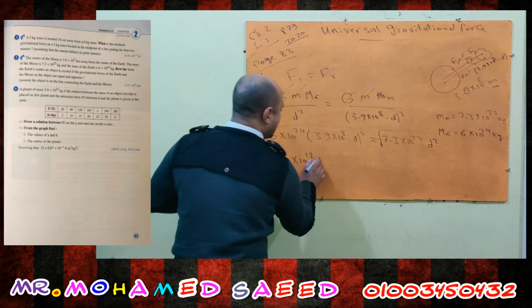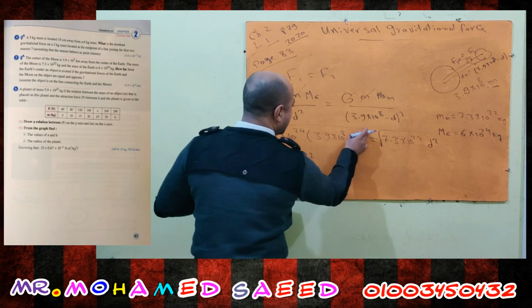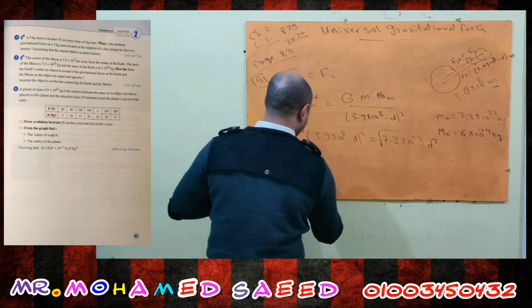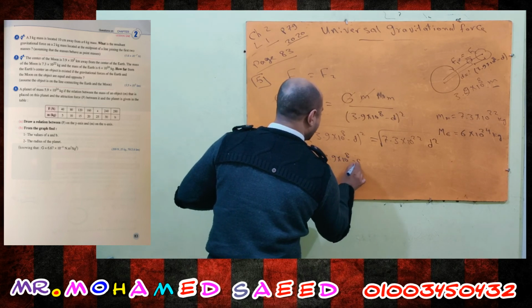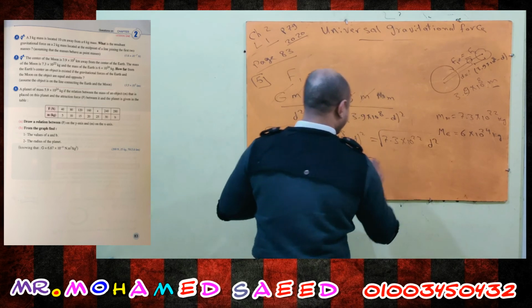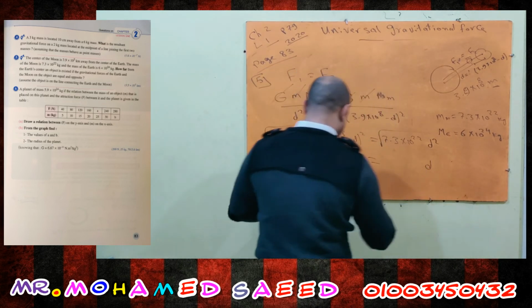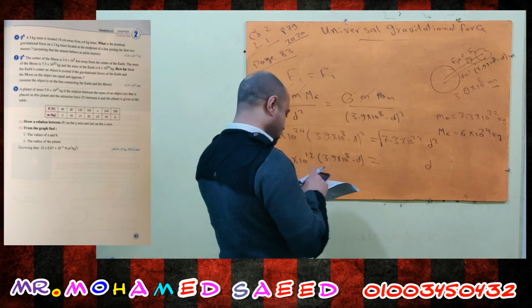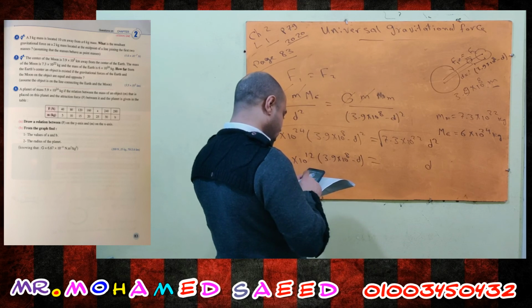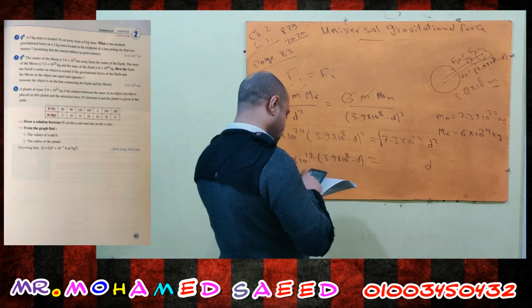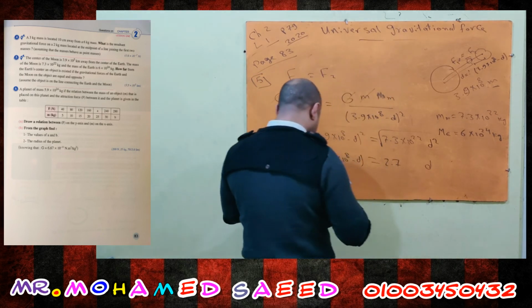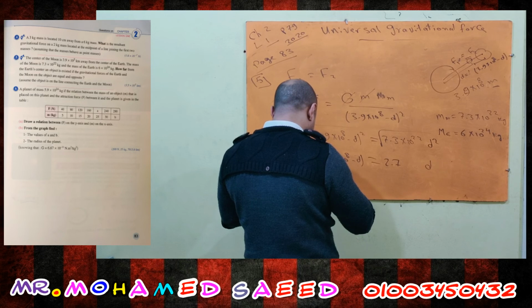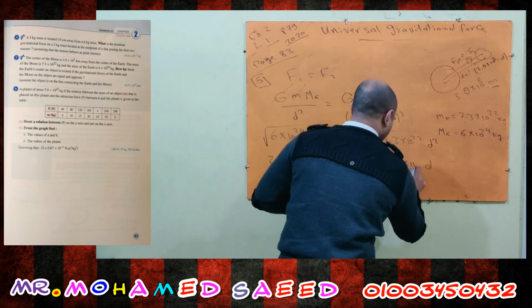Multiply this number by 3.9 times 10 to the power 8 minus d, equals d times the square root of 7.3 times 10 to the power 22, which equals 2.7 times 10 to the power 11.